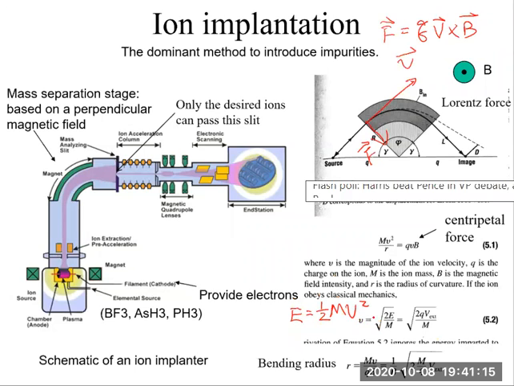So v is equal to the square root of 2E over m. E is the energy of the ion, and the energy is equal to Q V exit, where V exit is the potential of this electrode. So this is the velocity of the incident ions.